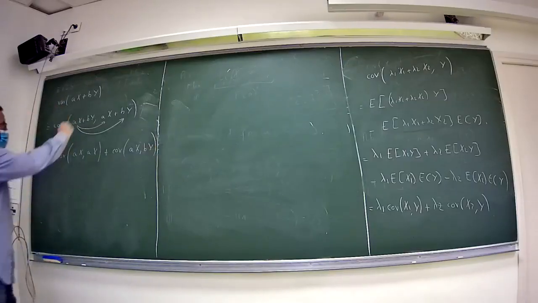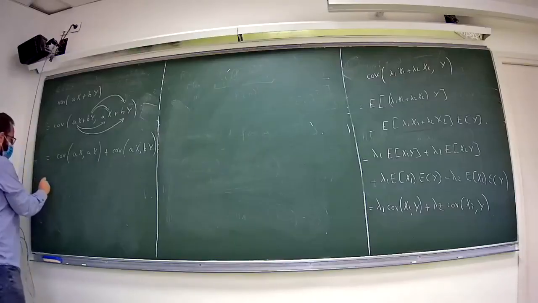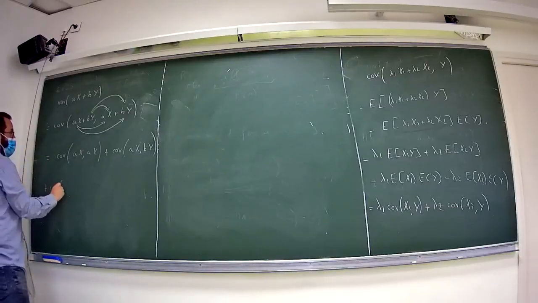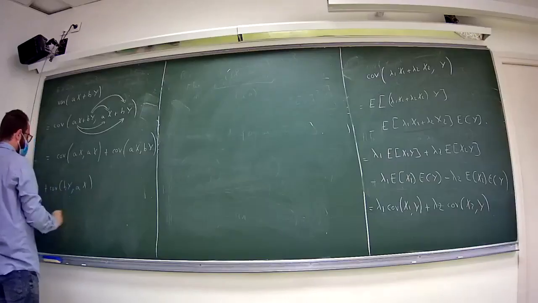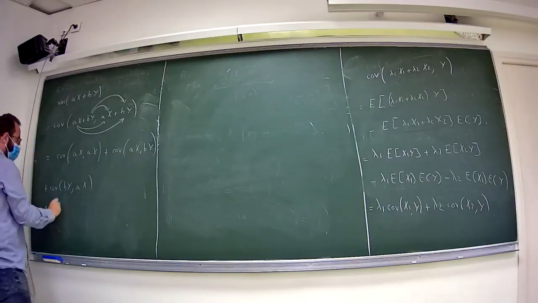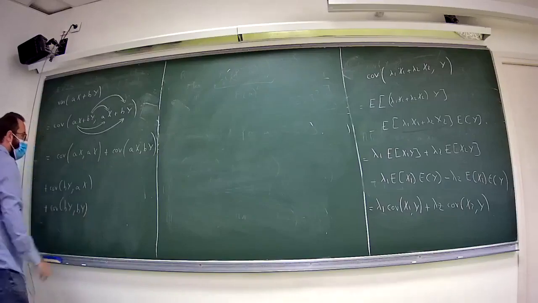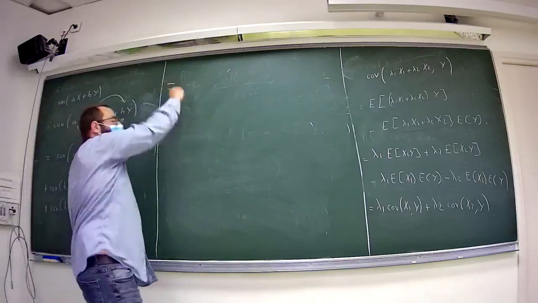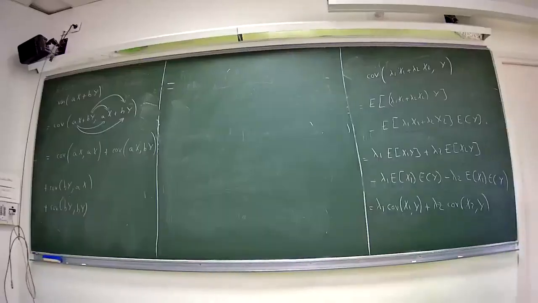And then I do the other: plus covariance of by with ax plus covariance of by with by. I use 2 times the linearity in each component.